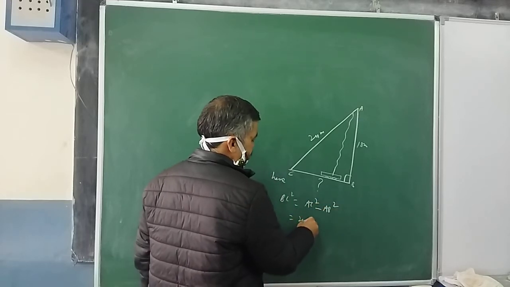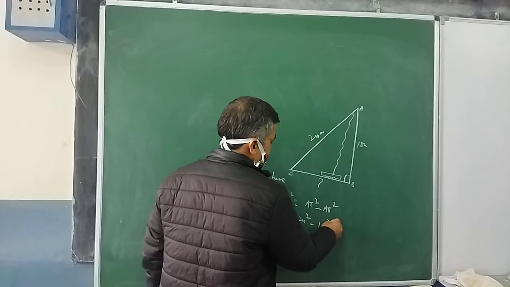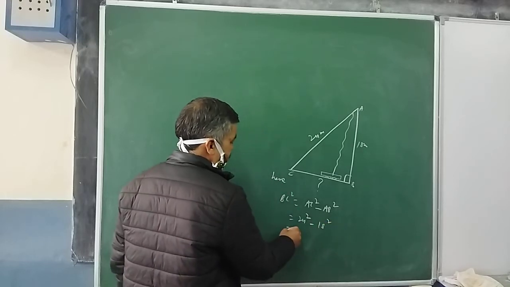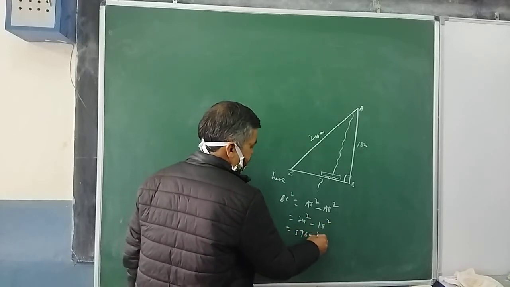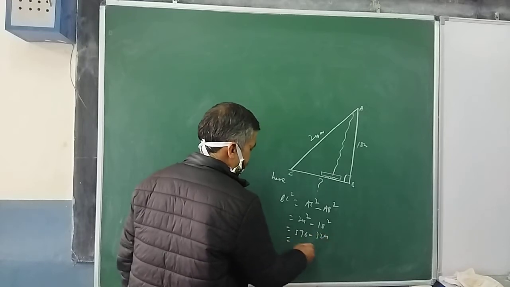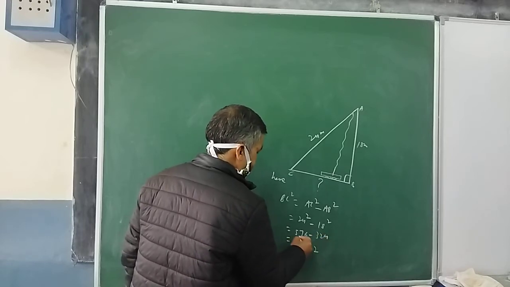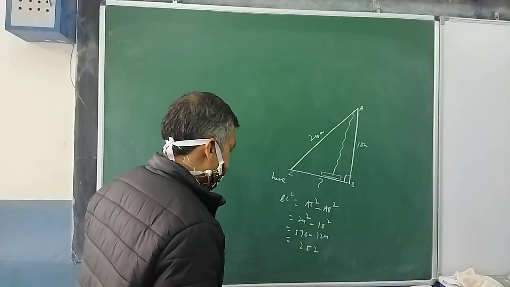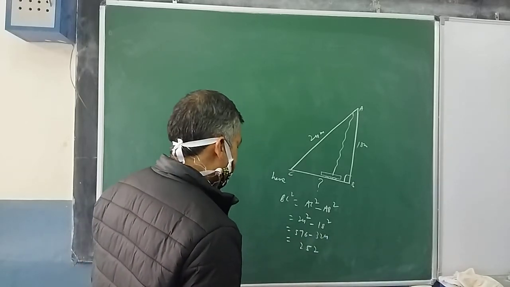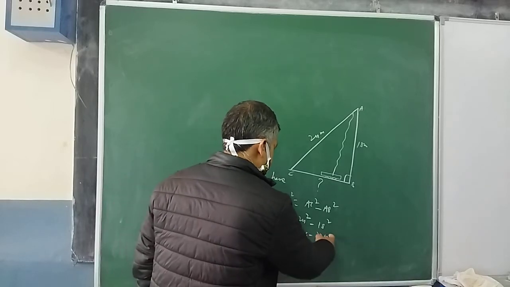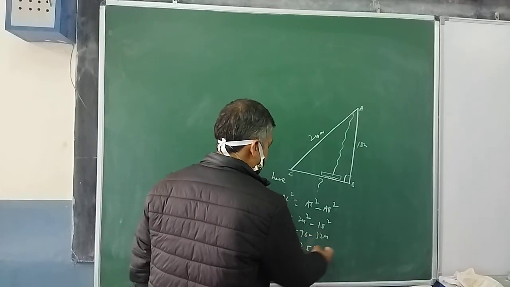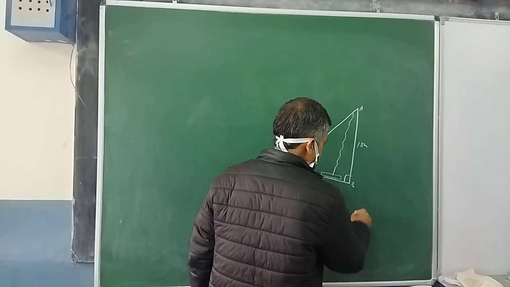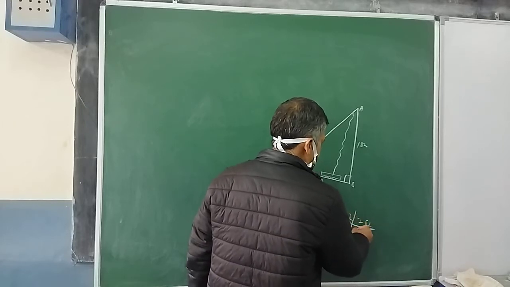So AC you know is 24, and here AB is 18. 24 square is 576, here it is 324. And then it is 252. You can check the prime factors of 252.